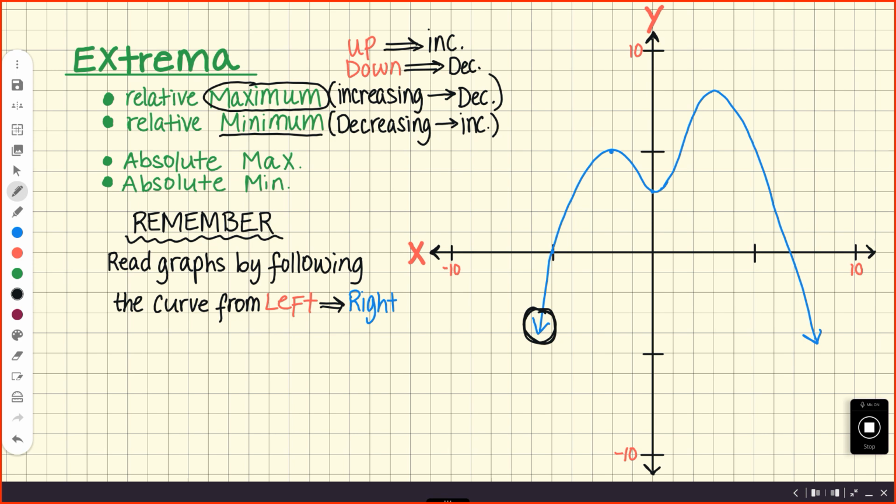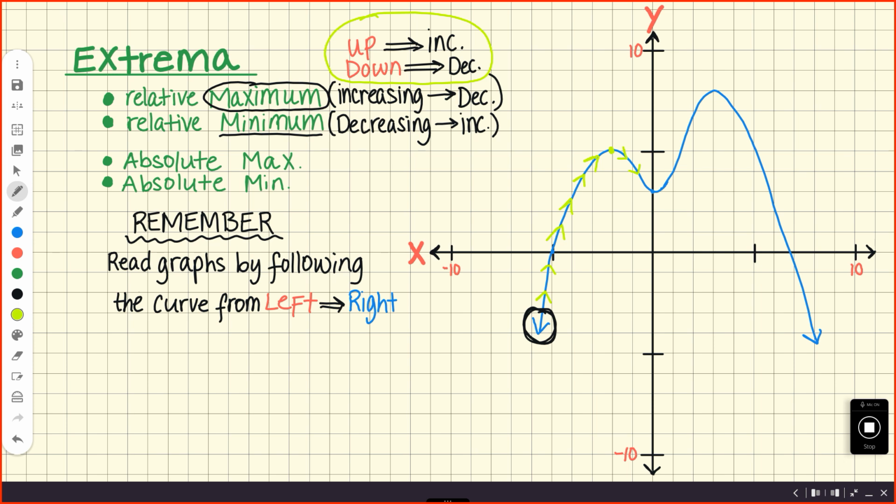So let's follow this graph, and let me choose a different color here. If I follow this graph, I start here, and I notice I'm going up. Also included those terms here. Okay, up is increasing, down is decreasing. So I'm going up, so I'm increasing. I follow the curve of the graph, and notice I get to a certain point here where it changes.